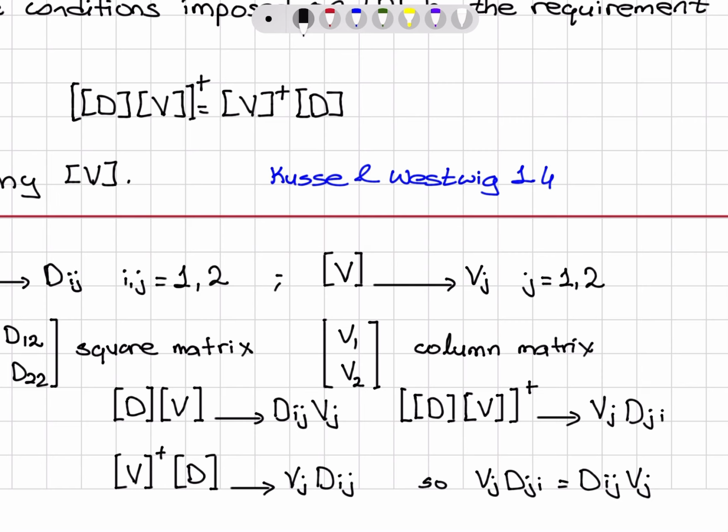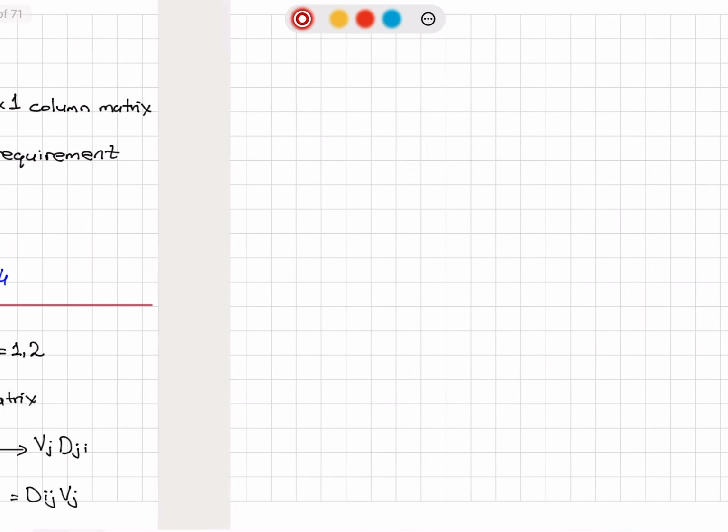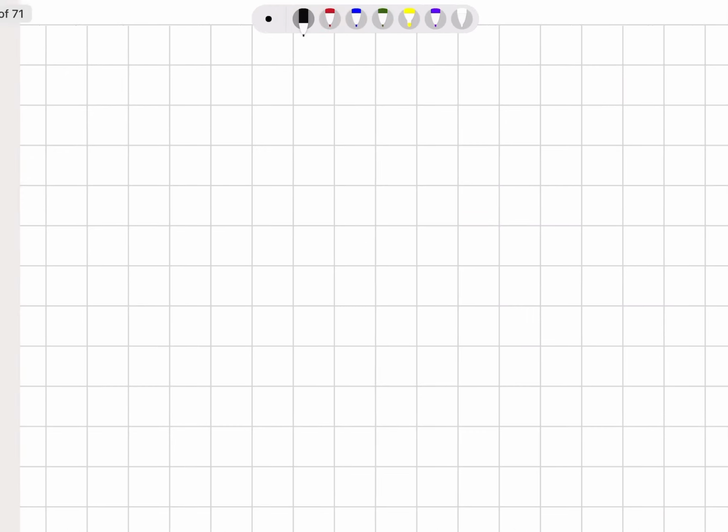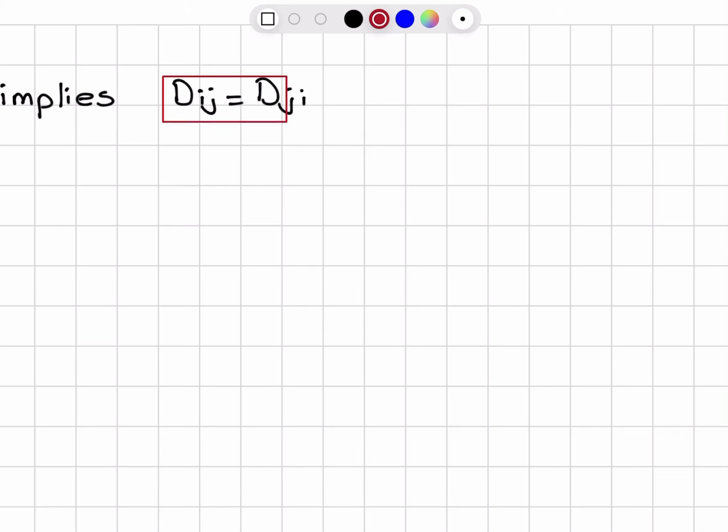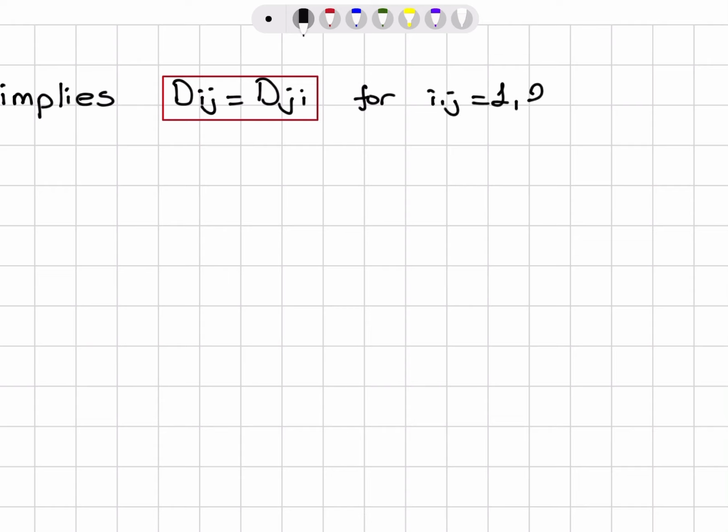So this implies that because the Vj's are the same here, Dji must be equal to Dij. So Dij must be equal to Dji, and this is for i and j values 1 and 2.